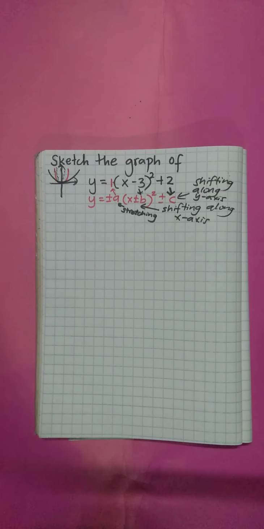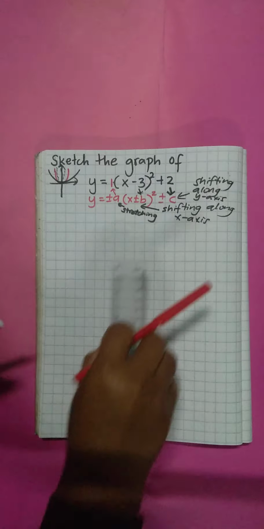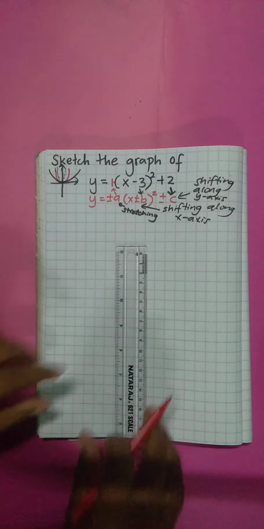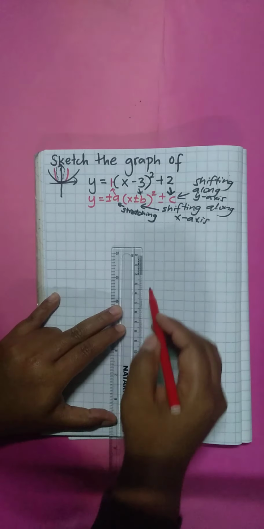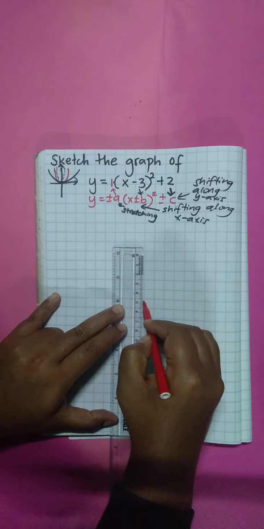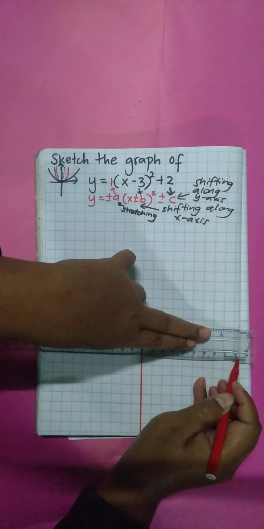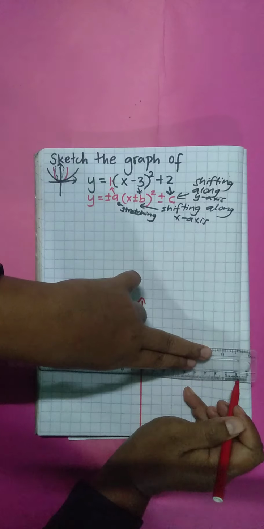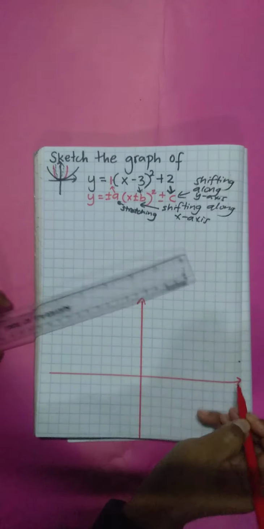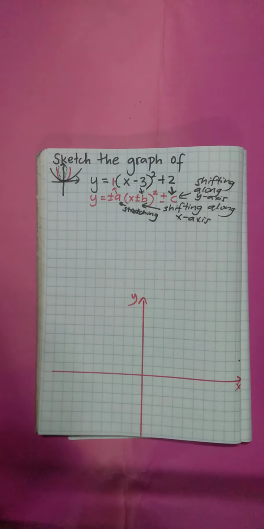Okay, but remember, we will always start with y equals x squared in order to sketch our graph. So let me just draw our graph here. That will be our y and our x.